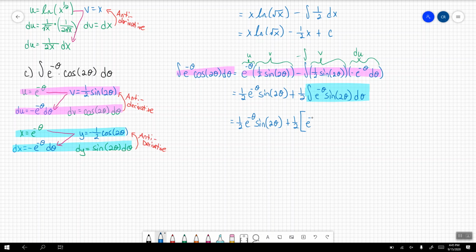So that's e to the power of negative theta times negative 1/2 cosine of 2 theta minus the integral of v du, in this case, y times dx, and that's going to be negative 1/2 cosine of 2 theta multiplied by negative e to the negative theta d theta.